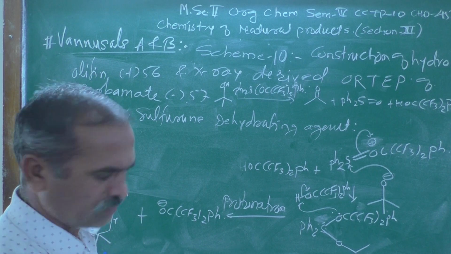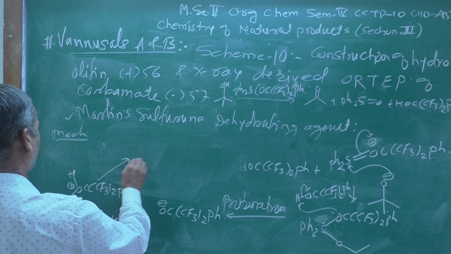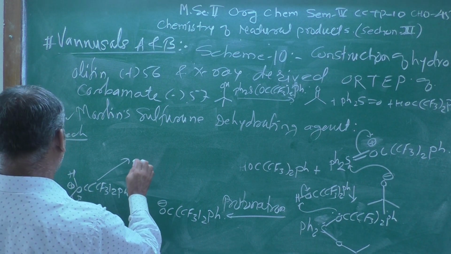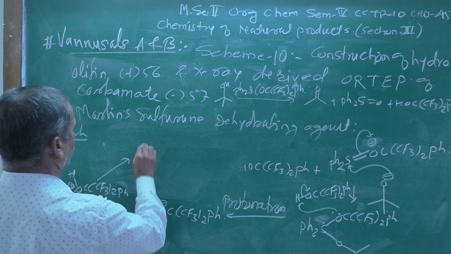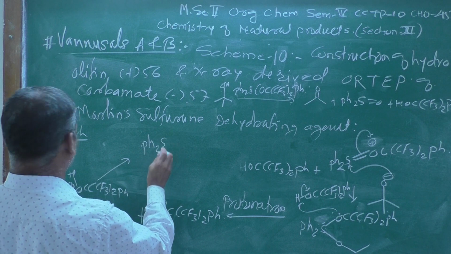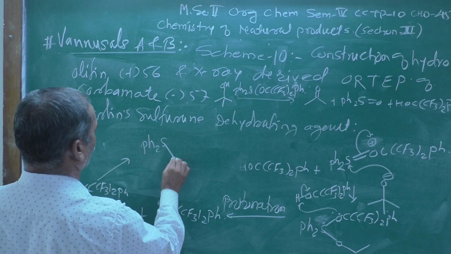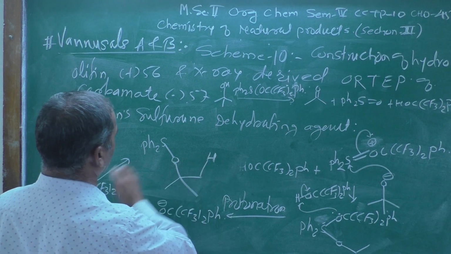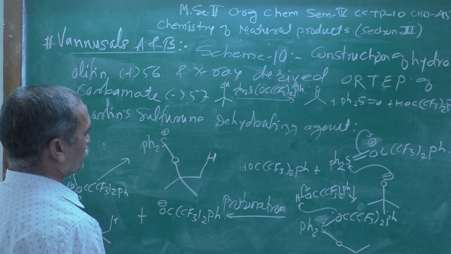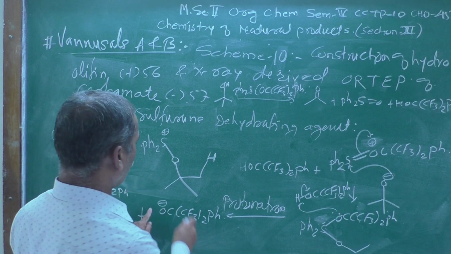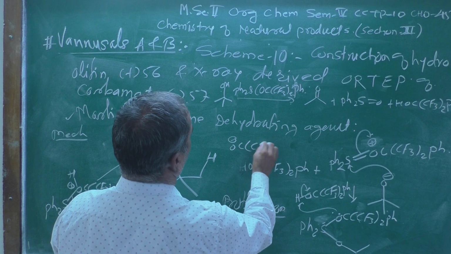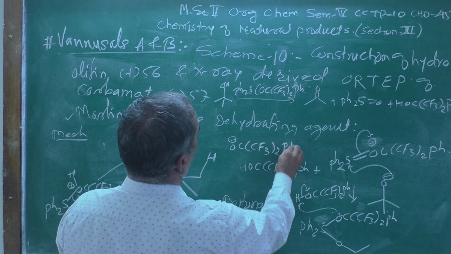After that, what do you get over here? Like this. After that you will get this Ph2S, then O. Here is a hydrogen atom, and now it becomes positive, and here whatever this is, O minus C, (CF3)2Ph.